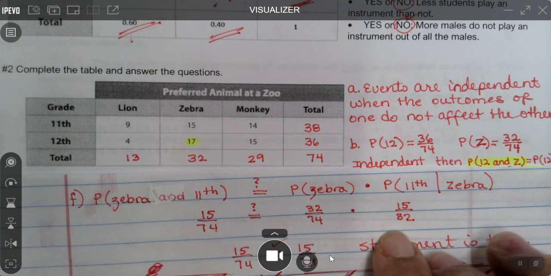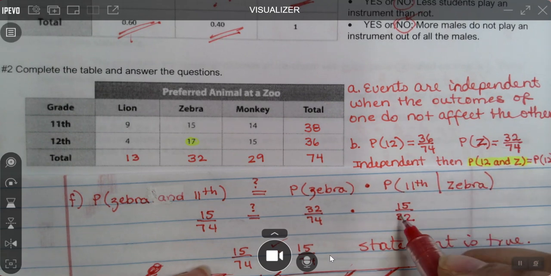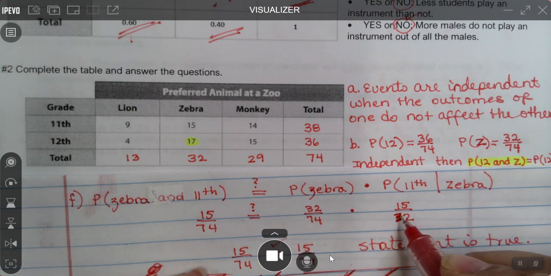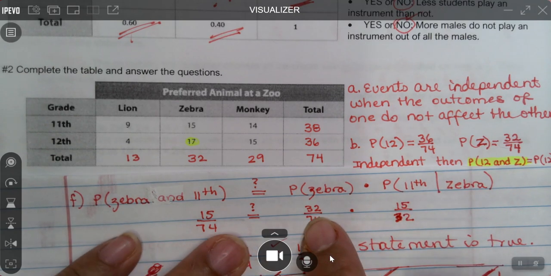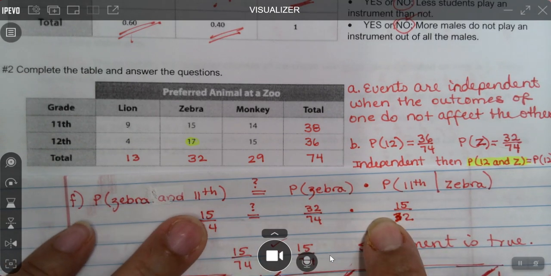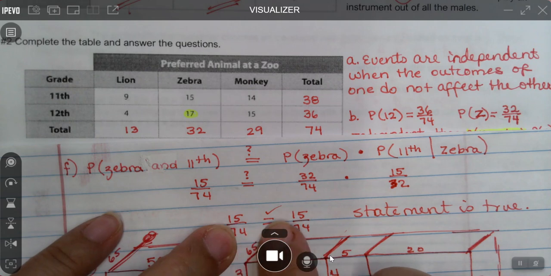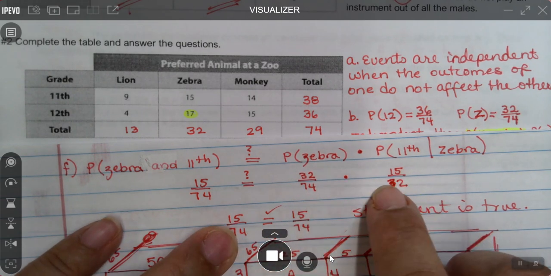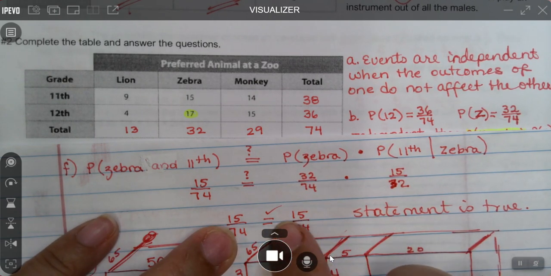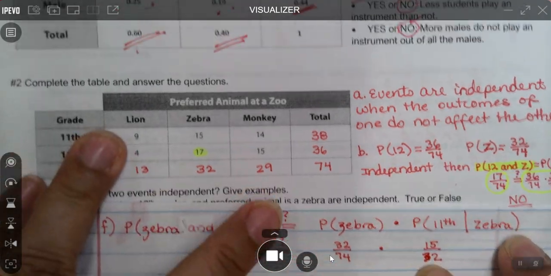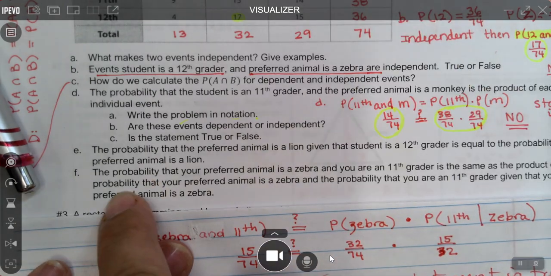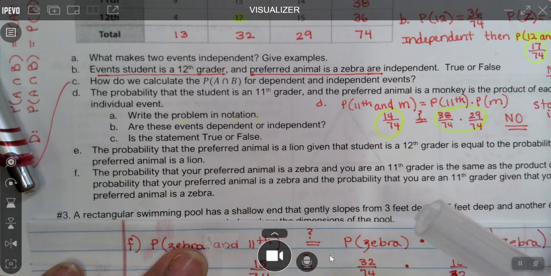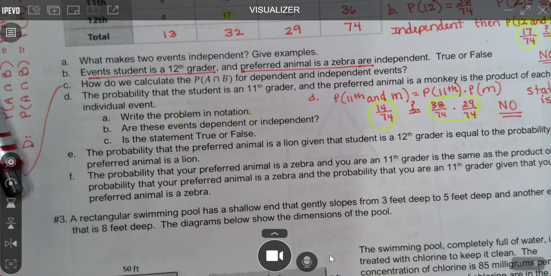I know it looks like 82, but that's a 32. And look at that. If I multiply these two, the 32s cancel, and you're left with 15 over 74. So this statement in E, all of that is a true statement.